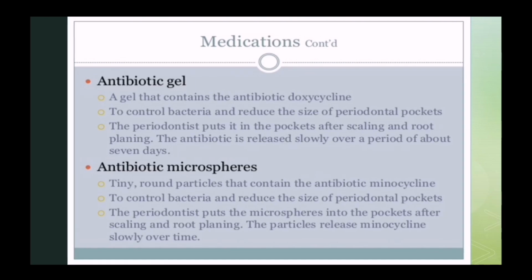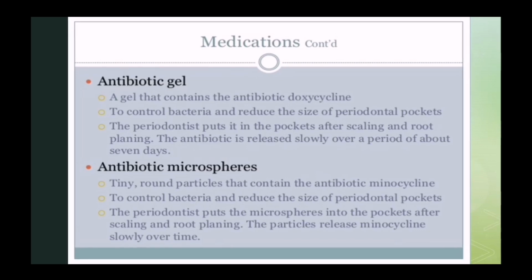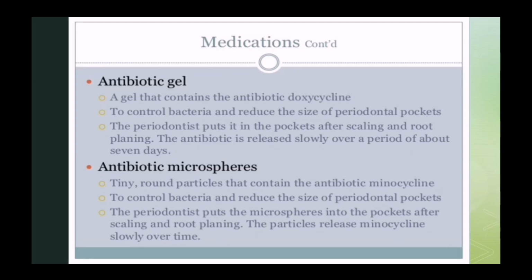Antibiotic gels are gels that contain the antibiotic doxycycline to control bacteria and reduce the size of periodontal pockets. The periodontist puts it in the pockets after scaling and root planing. The antibiotic is released slowly over a period of about 7 days.